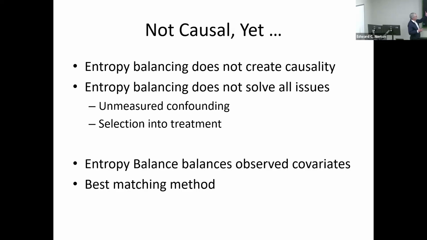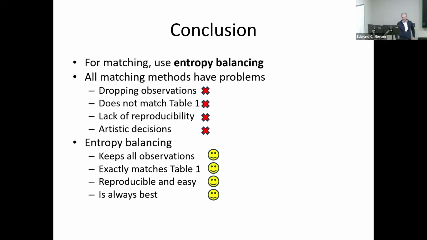So it does not solve all your issues, but to the extent you want to move closer and do the best job possible of controlling for all your observable characteristics, this will do the best job possible, okay? But don't think that this automatically gets you to causal inference. It can balance on all observed covariates, but it's not going to get you all the way to causality.